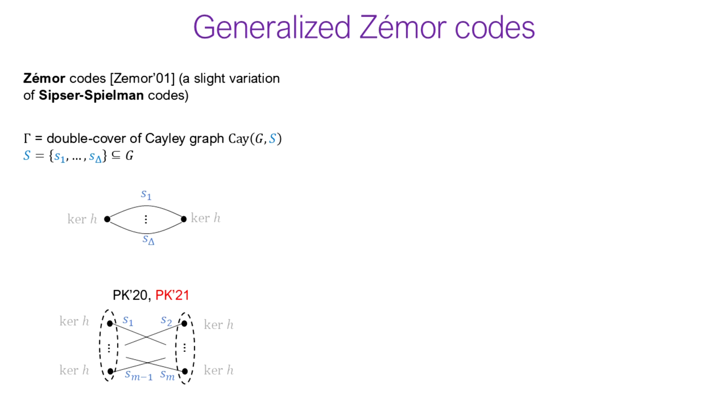The original Zemor codes were defined on lifts of these graphs. In our paper, we defined a generalization of this idea, and we also use exactly this idea in our final paper where we show the existence of asymptotically good codes.